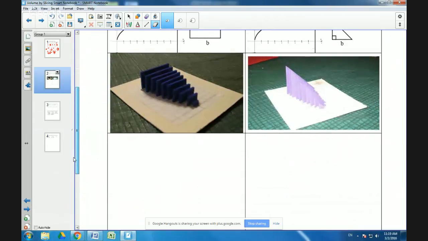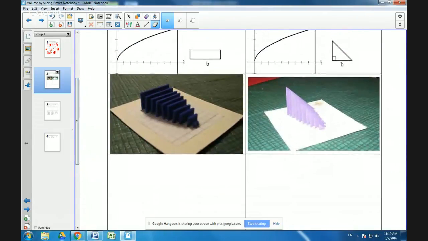What's your answer? What'd you get, Matt? Does anybody disagree? Good. I think you are correct.